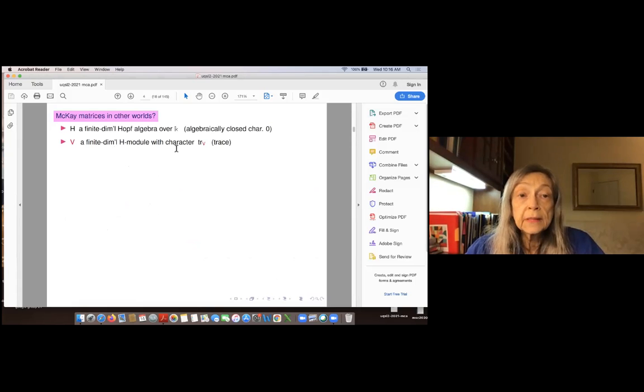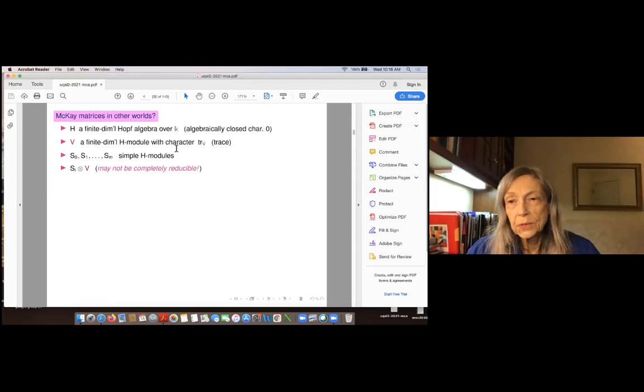I'm going to take a finite dimensional H-module V with character. It's just a trace, so when I say character, I mean trace. Take the simple modules. Okay, so here's the first problem: the tensor product may not be completely reducible. We can get around that if we assume H is semisimple, but then we're really limiting things. So I don't want to assume that.